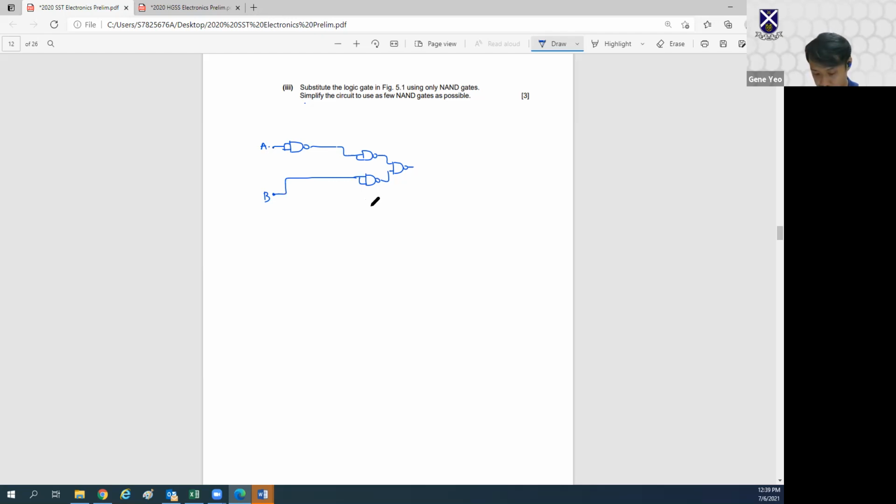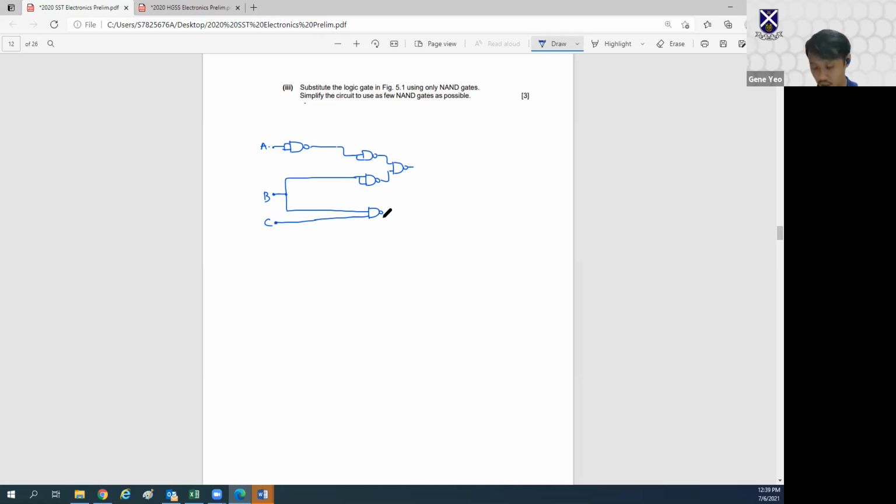And this also, B, went into the NAND gate below with C. So this goes to C like this.